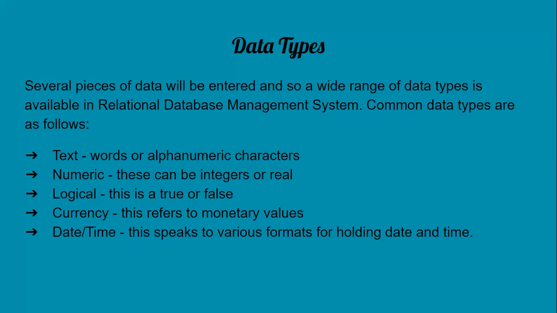For currency, the cost of an item or salary or wages would be an appropriate piece of data, as those are all monetary values. For date and time, we could look at a student's date of birth or the date they started this particular school or the date that they joined the 4-H club.